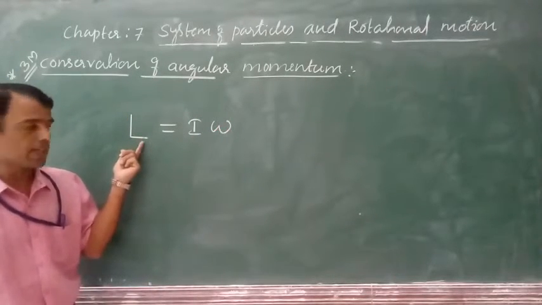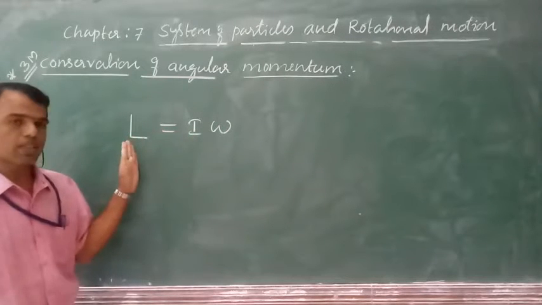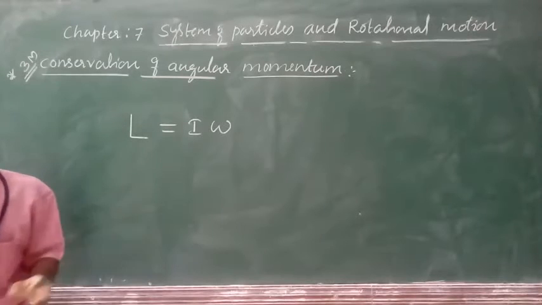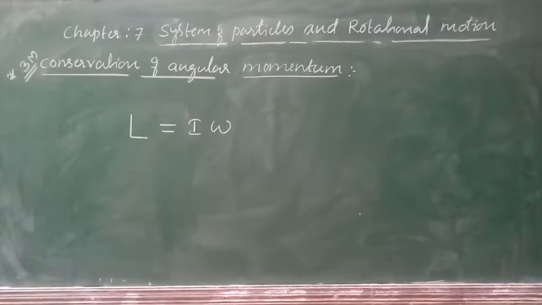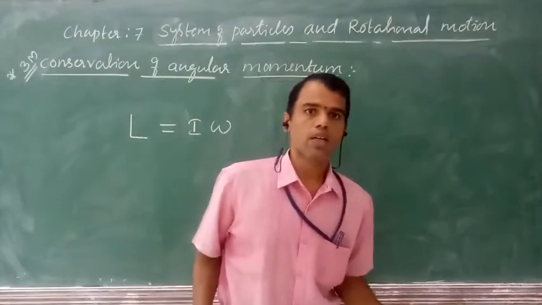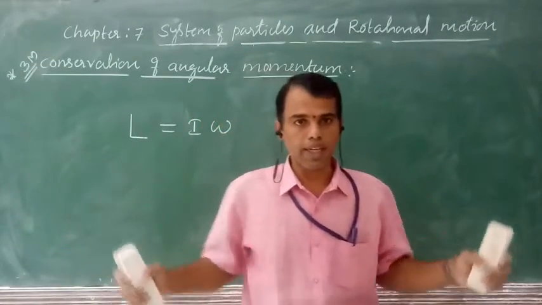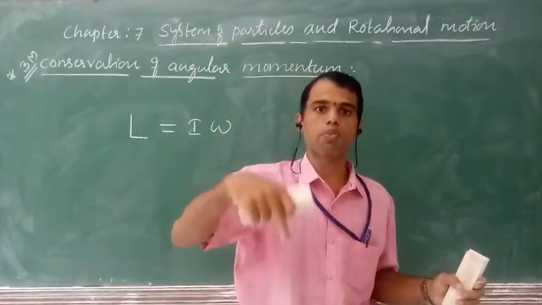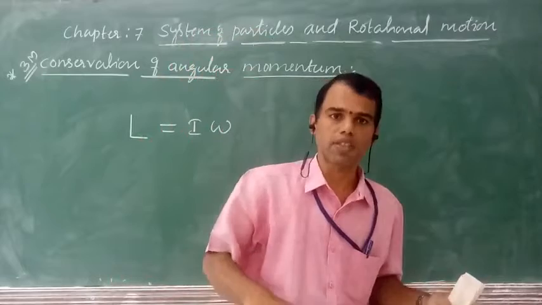So let us illustrate this conservation of angular momentum with the example of a girl sitting on a rotating chair. Consider a girl sitting on a rotating chair in which the axis of rotation passes through the center of the chair.